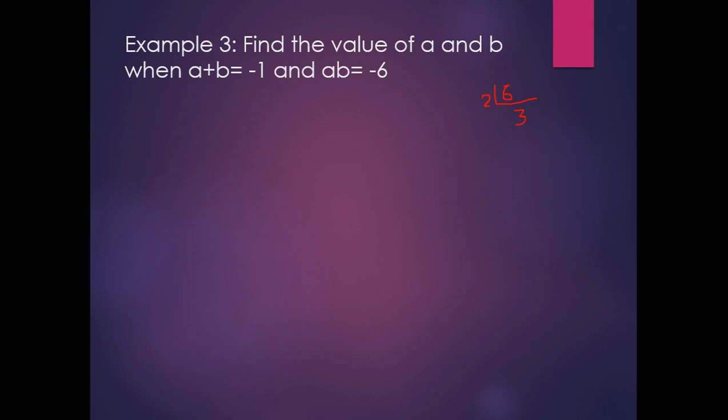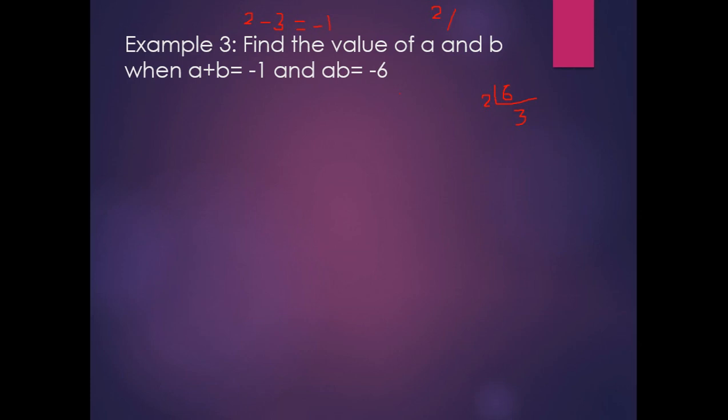So if A value is 2 and B value is -3, then 2 minus 3 gives us -1, and when you multiply 2 and -3 we will get -6 as well.